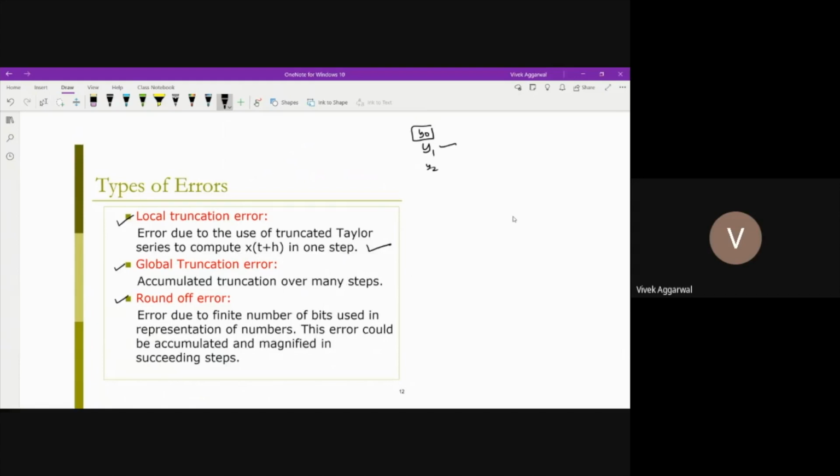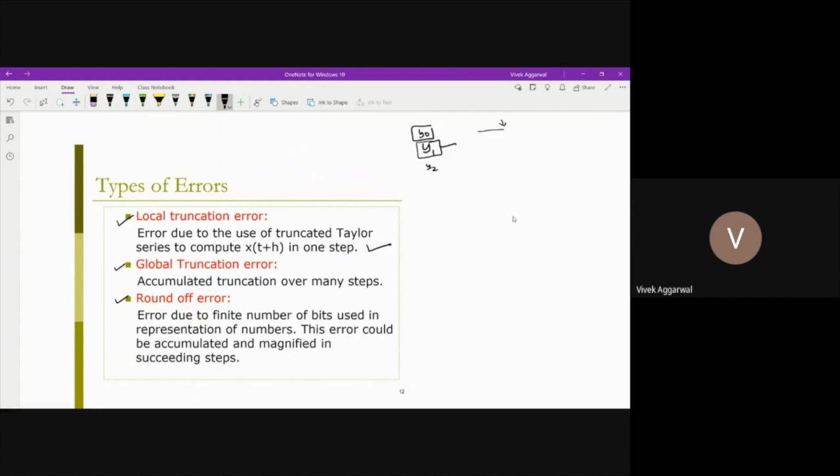And this is the round off error, the error due to the finite number of bits used in the representation of a number. This error could be accumulated and magnified in succeeding steps. Because whatever solution we get for y1 may have an infinite number of digits, but in the computer we just use, suppose, 5 digits of that number. So in that case, we have introduced the round off error.